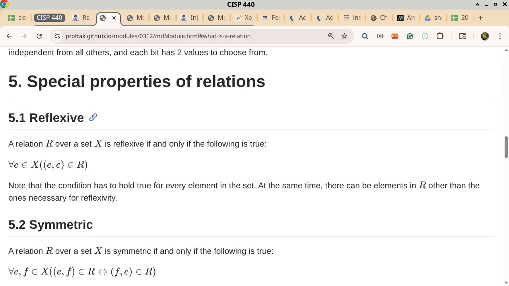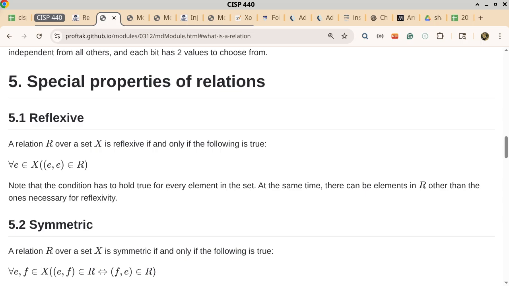Now we can say whether a relation R defined over X is reflexive or not. The definition is: a relation R over a set X is reflexive if and only if the following is true. This is a quantified statement. It is universally quantified.